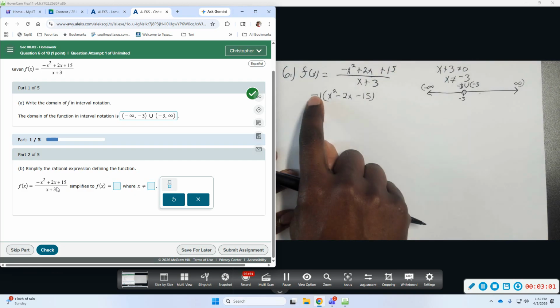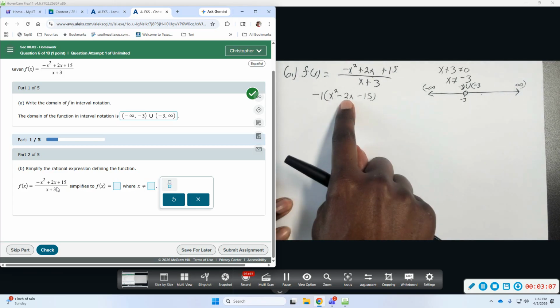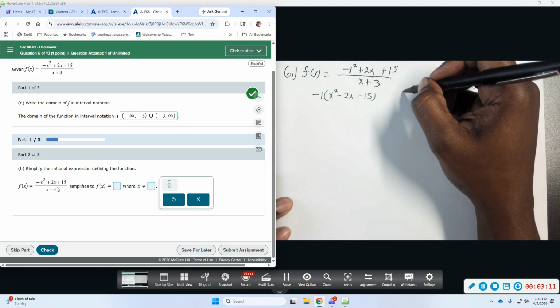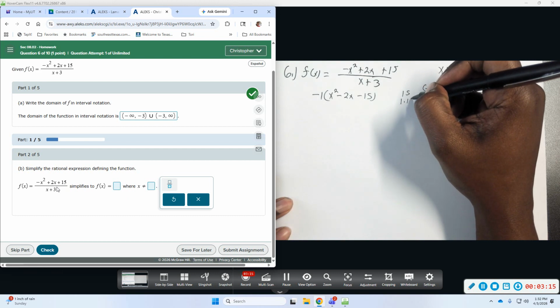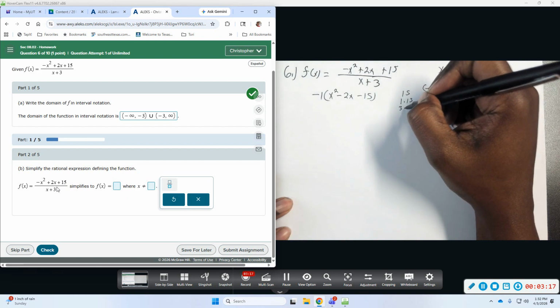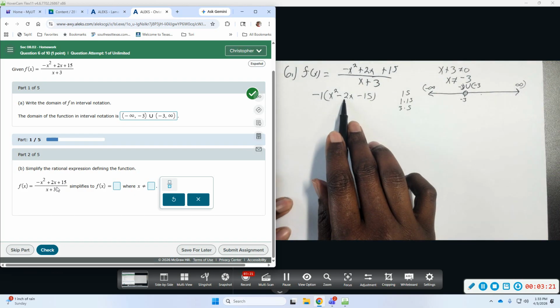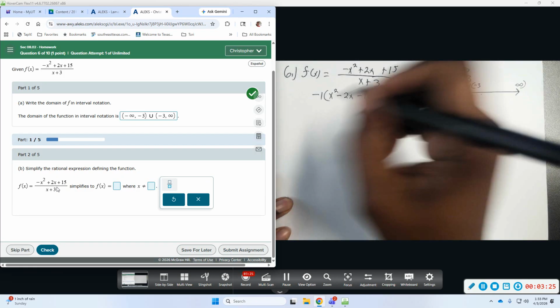Whenever it's a negative out front, the factoring process kind of messes up. So if you factor out the negative, you'll get the correct factors. Now we'll think about 1 times 15, which gives us 15. Factors of 15 are 1 times 15, and then 3 times 5. We want to subtract to get a 2. And if we subtract 5 and 3, we will get a 2.